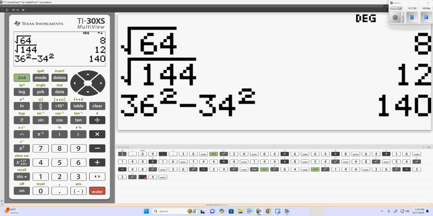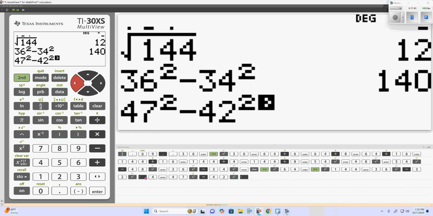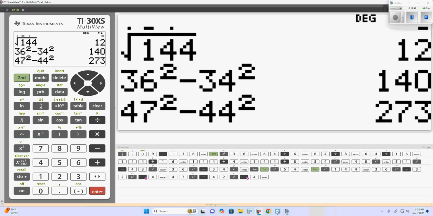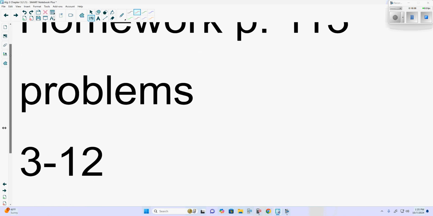The last one's what? 47 squared minus 44 squared. Was it 42? 44. So we don't even have to do that. No, but I mean, if we didn't have a calculator, it does make it easier. That's it.